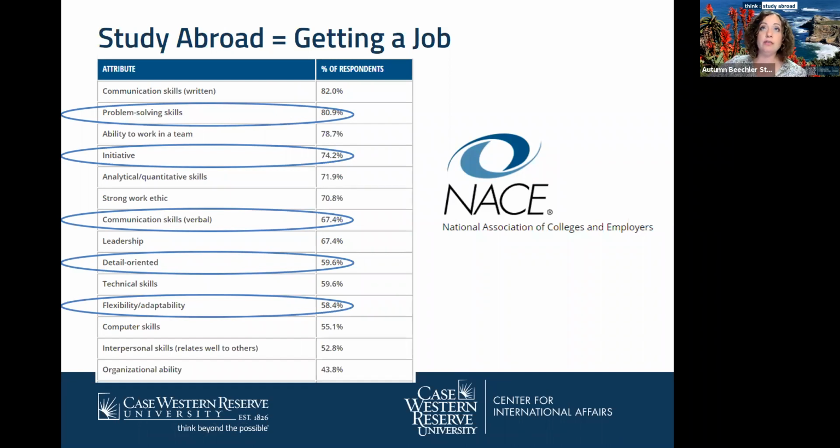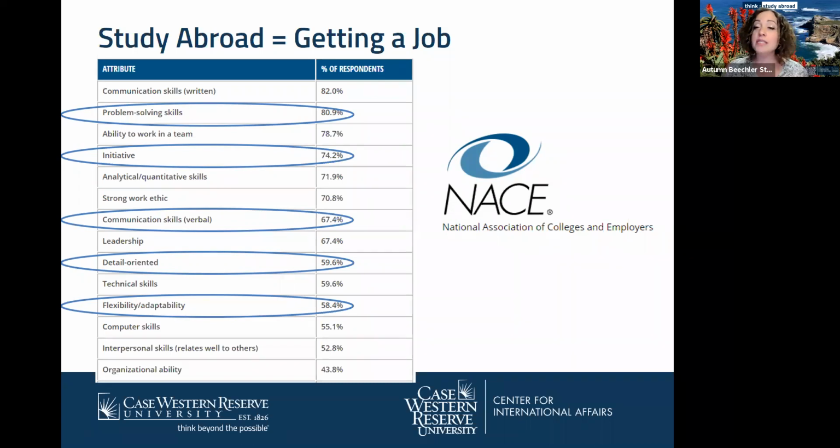If you take a look, there are some pretty obvious ones here that you can greatly enhance by studying abroad. Problem solving skills: when you study abroad, you are entering a new culture, operating inside a different academic system, learning a new way of being, interacting, and engaging, and that involves a lot of problem solving.